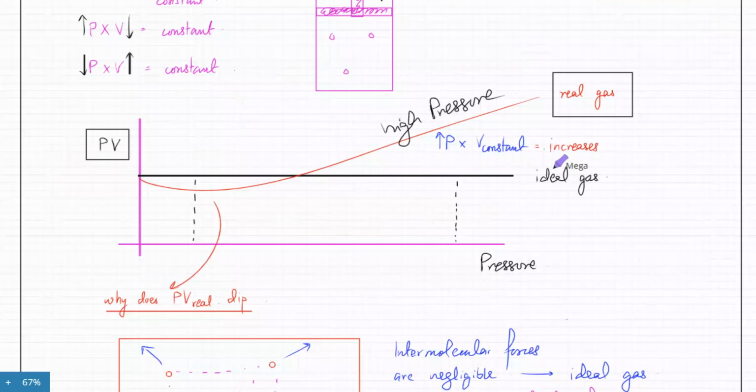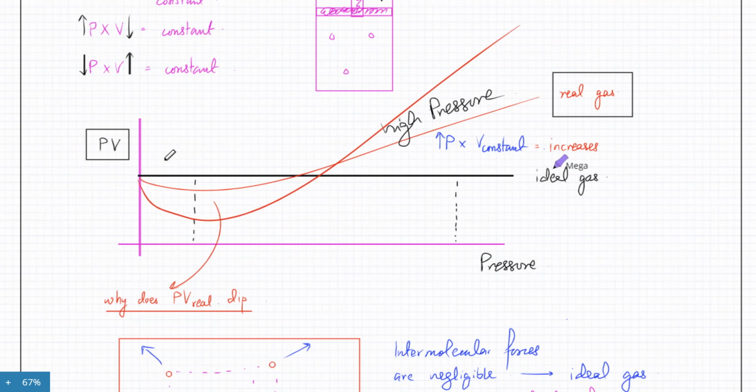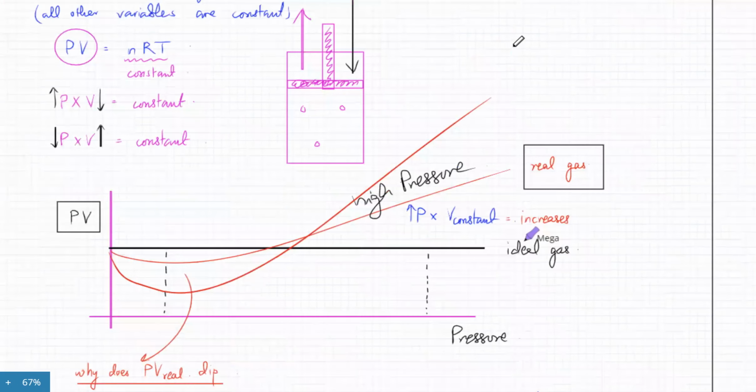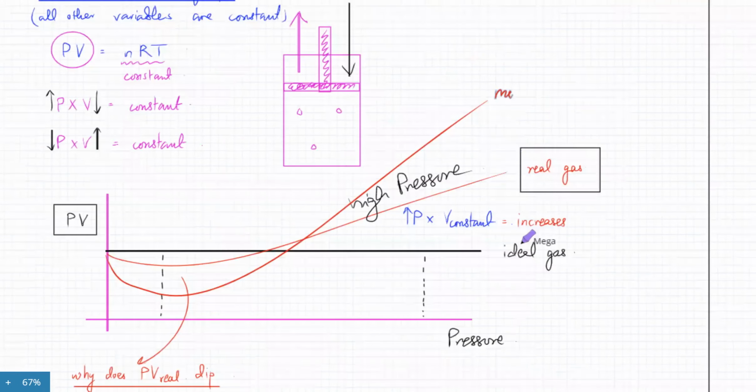Remember one thing, and that is the bigger the dip, the more non-ideal, the bigger the deviation from the ideal gas line. You plot a graph for a real gas, this one is going to be even more non-ideal. This one is less non-ideal.